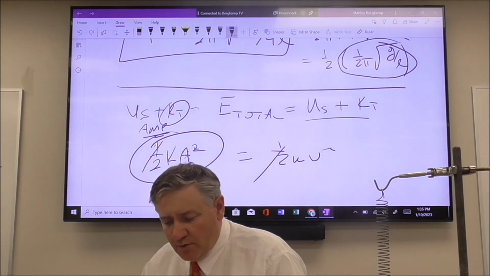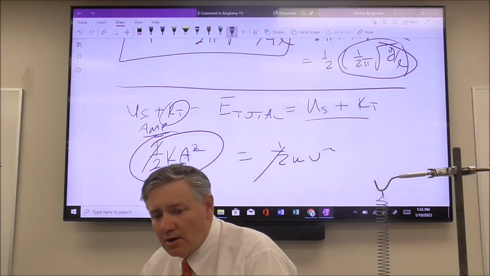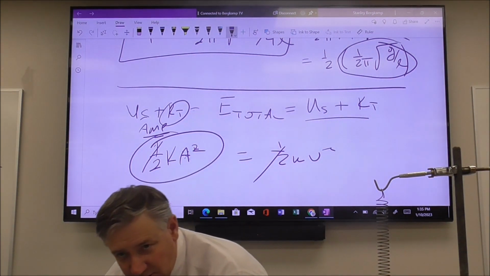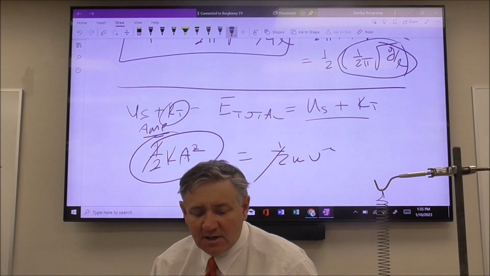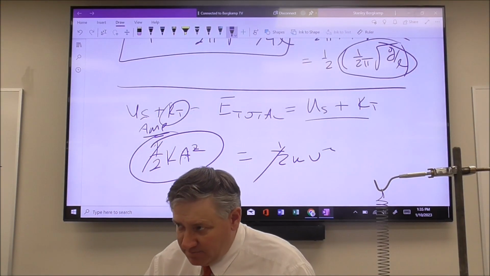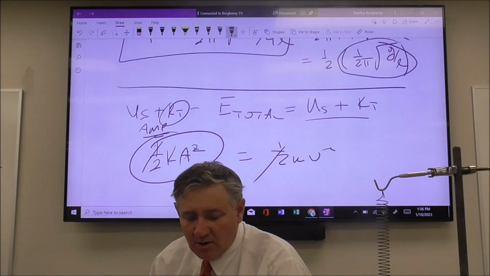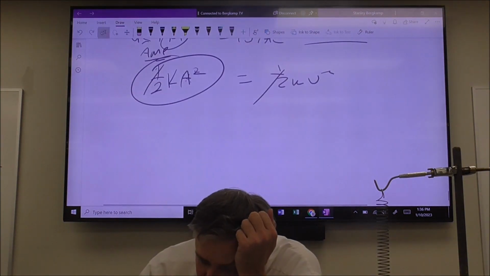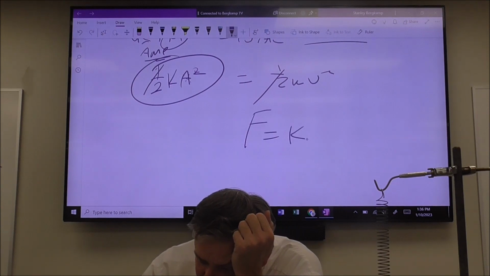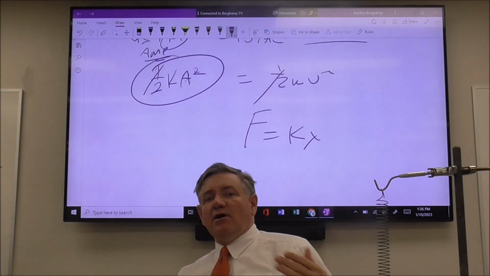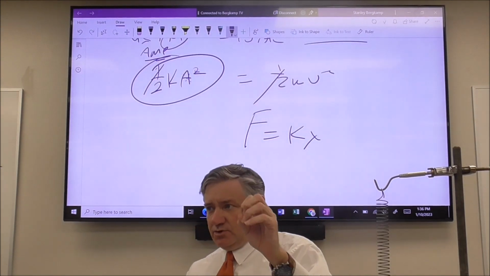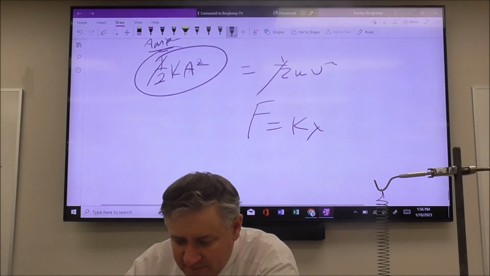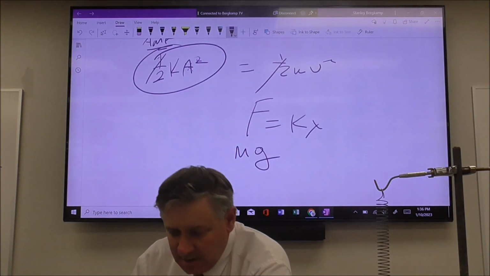When you get to question number 4, there are 2 springs. That basically means that each one is supporting about half the weight. Because it's a spring, and this is going to play out large later on, you have F equals kx. As long as gravity is providing the force, you could write that as mg.